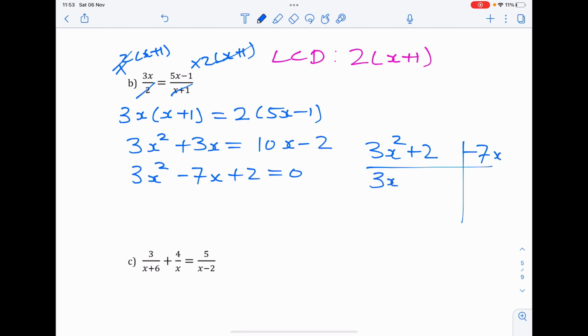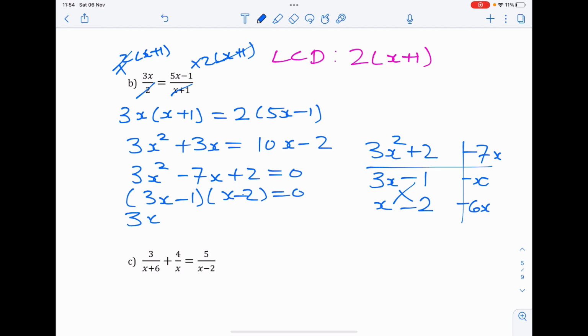The factors of 3x squared are 3x and x, and then 2 and 1. The 2 would have to go there, the 1 would have to go at the top, because I know I'm getting to a 7, so 2 times 3 is 6x, x times 1 is x. They would both have to be a minus, and then swing it over. So your factors: 3x minus 1 and x minus 2 is equal to 0.